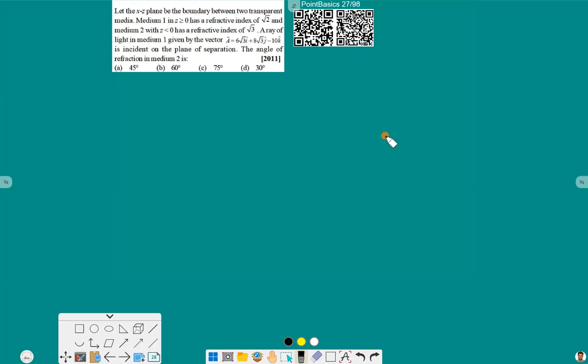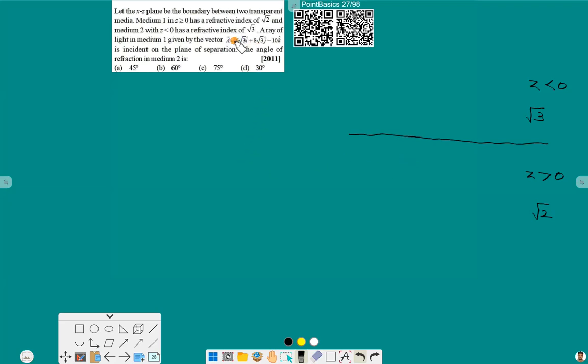So here, suppose this is the boundary. This is region z less than 0 and this is region z greater than 0. For z greater than 0 we have refractive index root 2, and for z less than 0 we have refractive index root 3. So light is coming from the denser medium to the rarer medium, so TIR can also happen here.